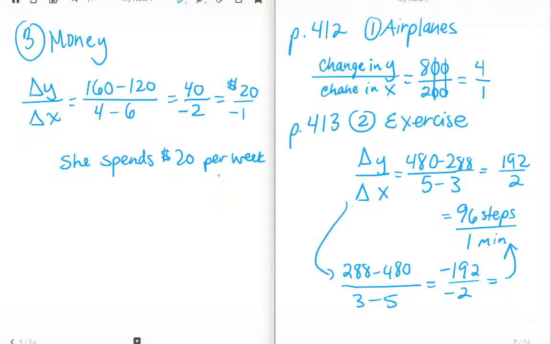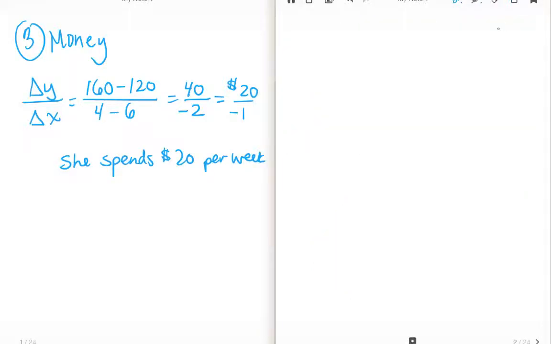Because it went down, right? She spent it rather than saved it. So if it was positive, you say she earns, or saved. Wait, but if it's 2 weeks, how did she spend $2? 2 is with 40. I get it.